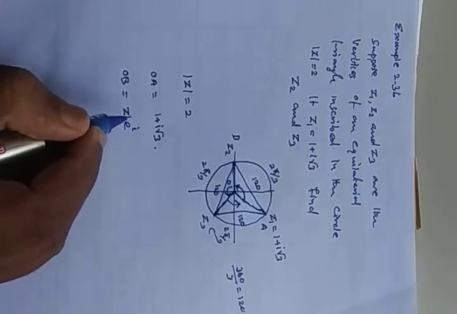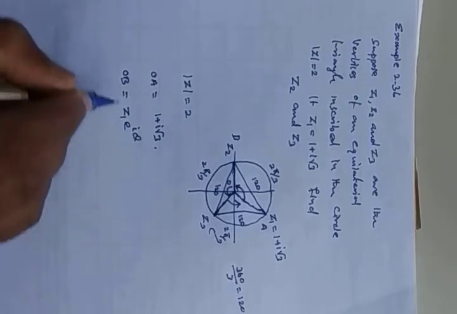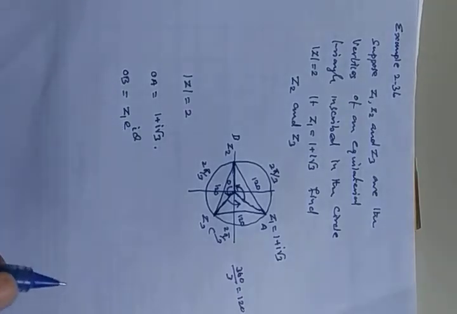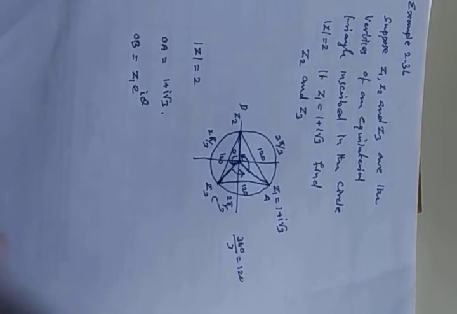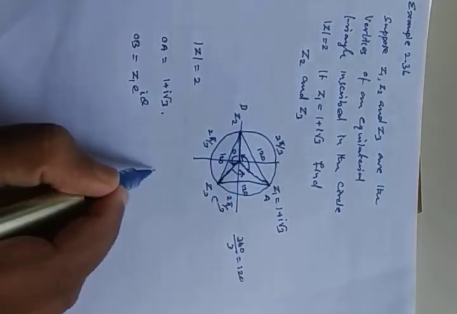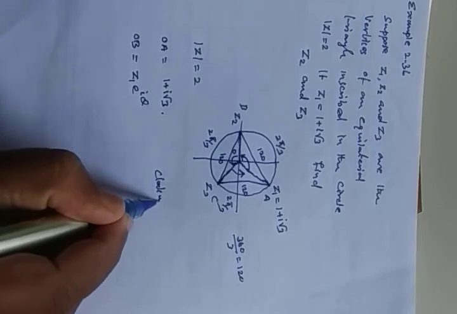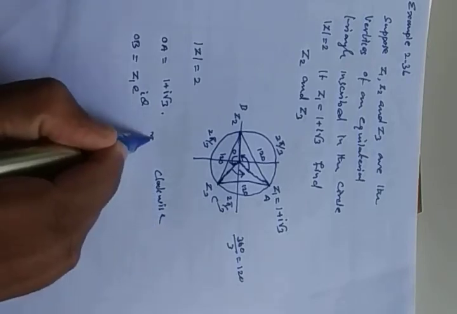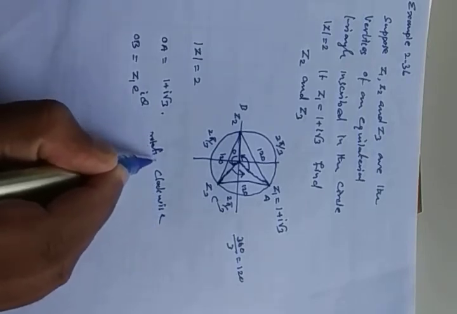What does Z1 into e to the power i theta mean? Actually we have a formula for rotation. It should be rotation in the clockwise direction.